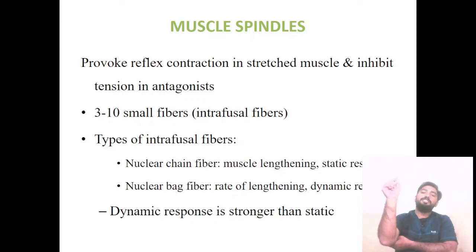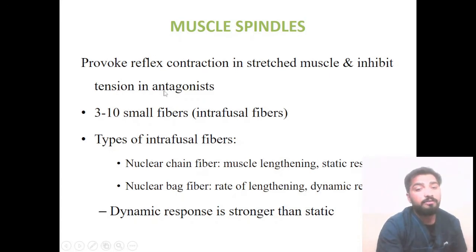In the Golgi tendon organ, the bicep was relaxed because of the increased tension and the antagonist was contracted. In the muscle spindles, the bicep, which is the agonist, will contract reflexively and the antagonist will be inhibited.